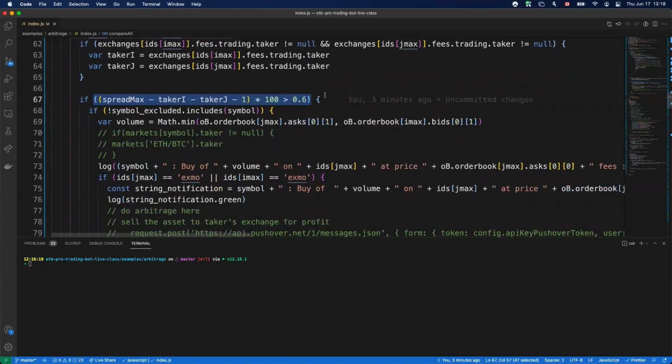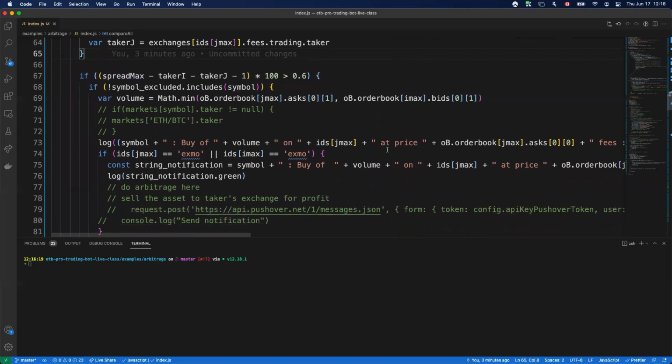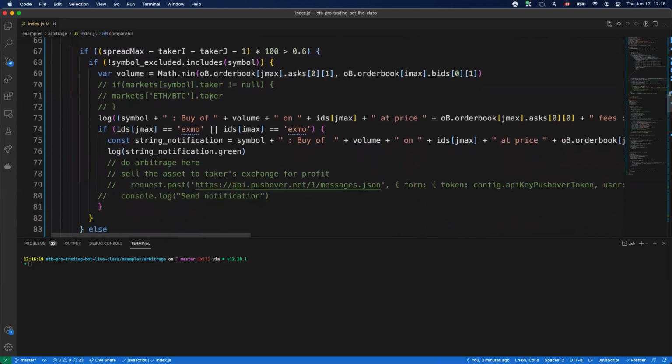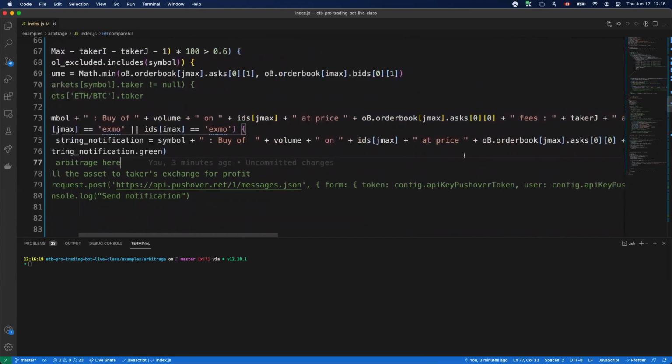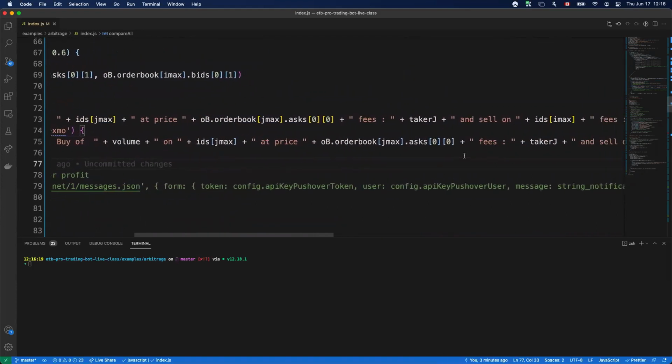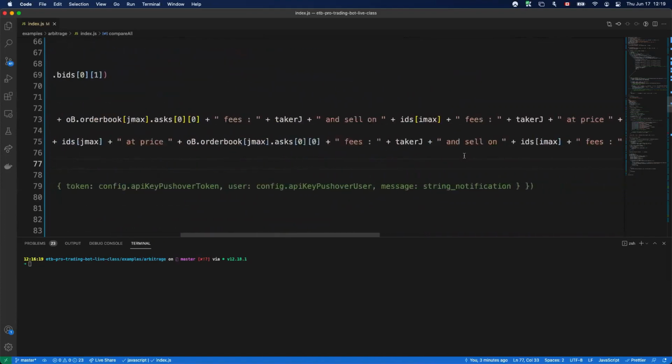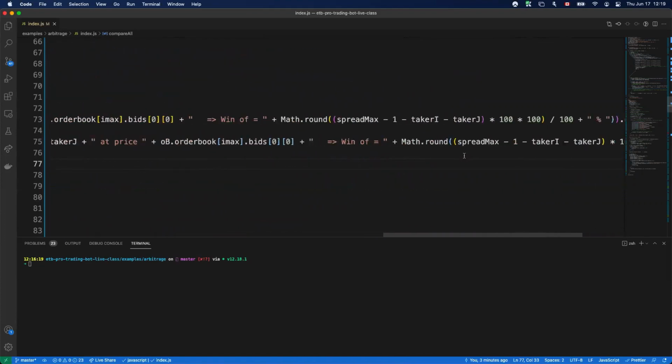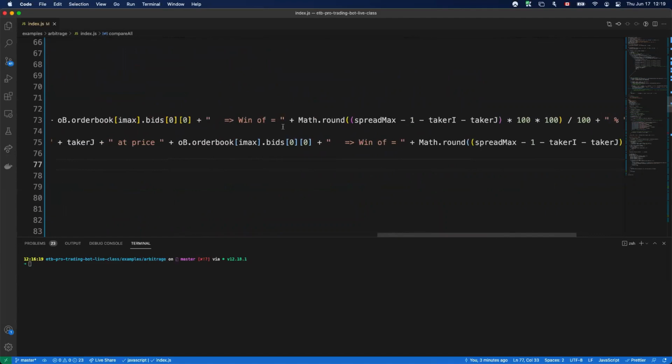Once this bot figures out that this is a good potential instance of trading, it's going to print, as per line number 73, that please buy this much amount of units on this exchange for this much price and sell on this exchange with this much price, and you will be making a profit.